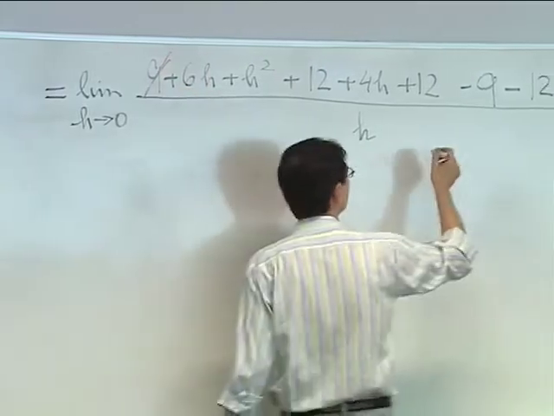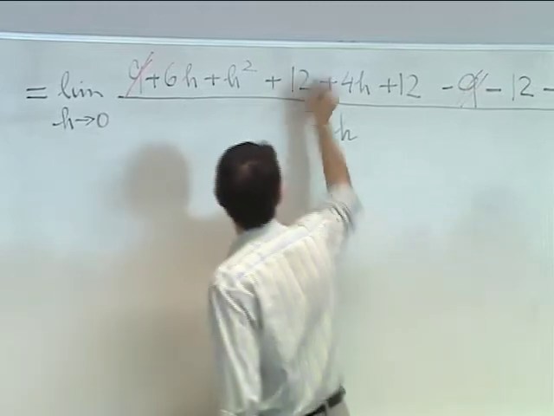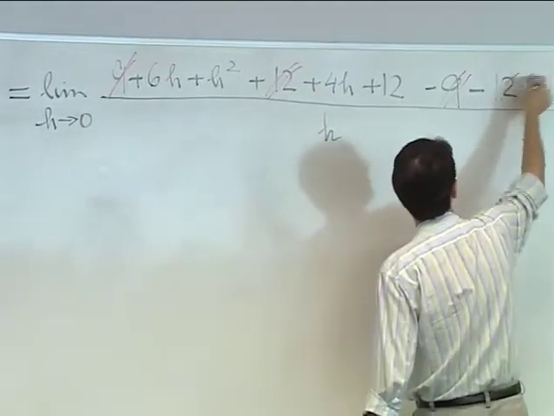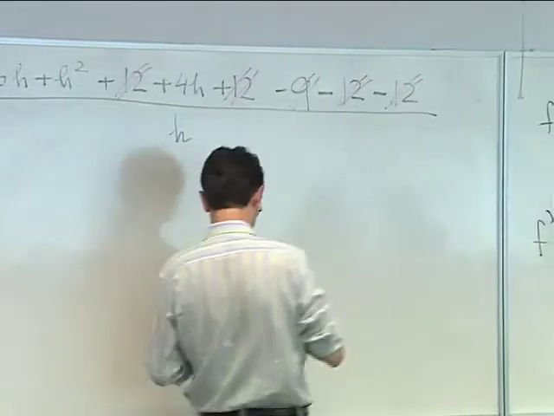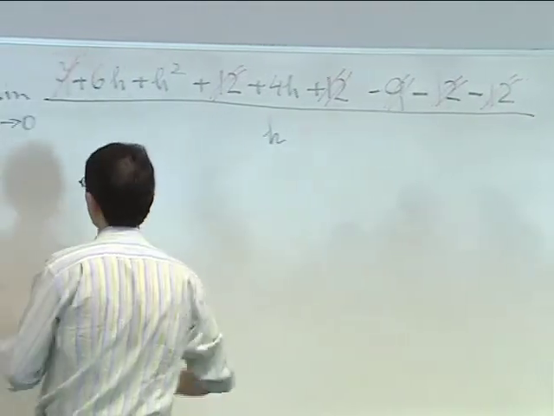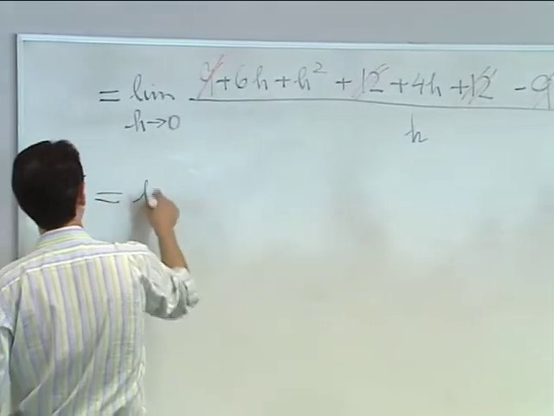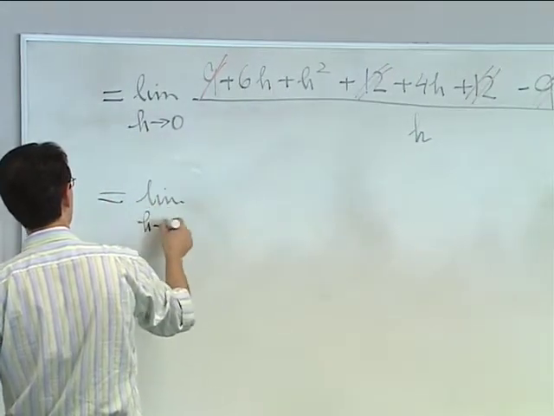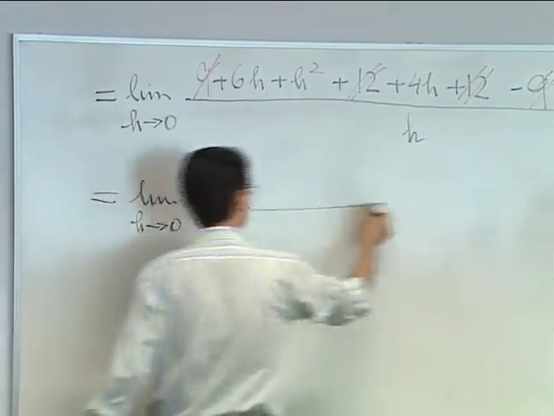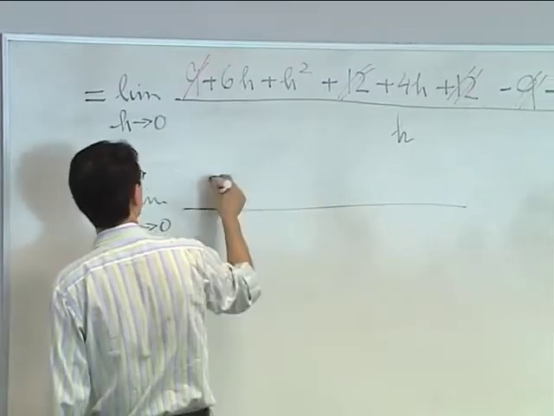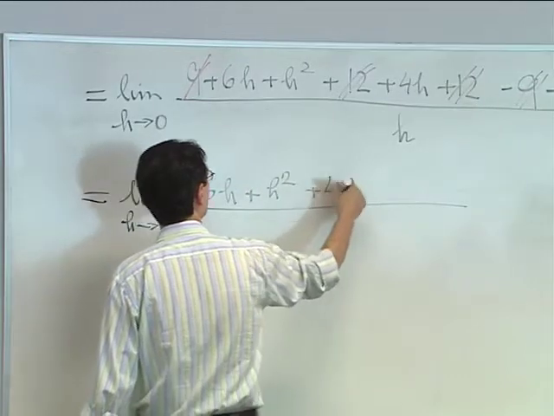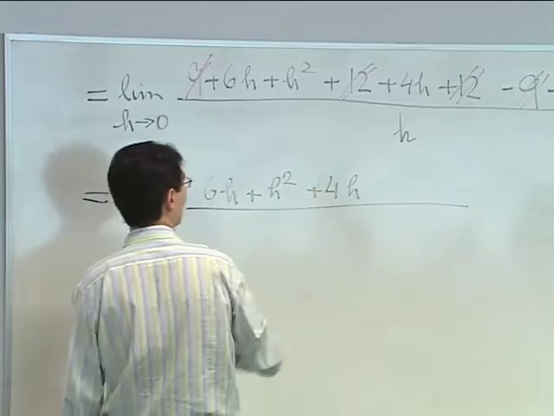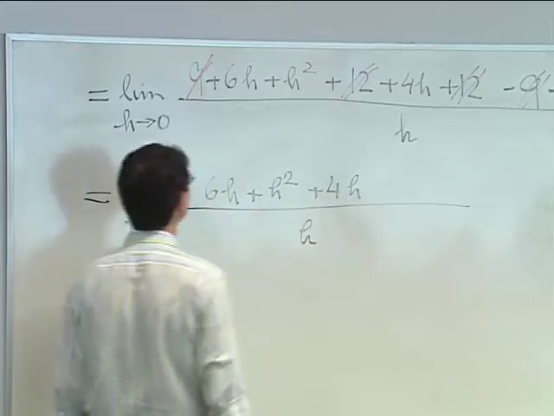Nine goes away with 9. 12 goes away with 12. 12 goes away with 12. And this is the limit when h goes to 0 of 6h plus h squared plus 4h on h.